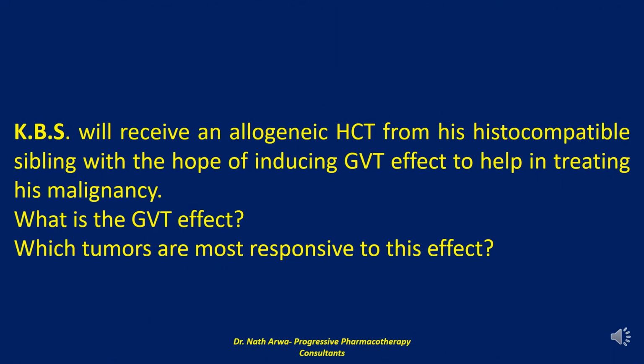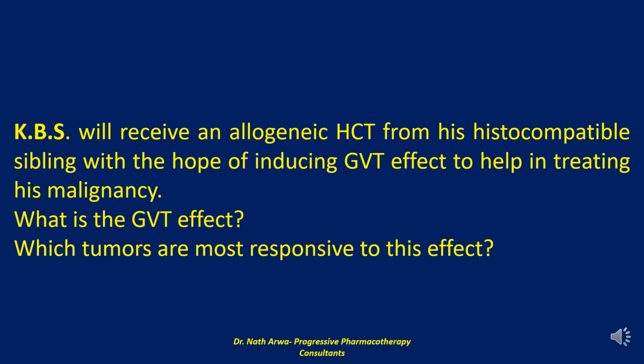Graft versus tumor refers to the phenomenon where the donor's cytotoxic T lymphocytes suppress or eliminate the recipient's malignancy. Initial clinical evidence of a graft versus tumor effect came from the observation that patients with graft versus host disease had lower relapse rates compared with those who did not.